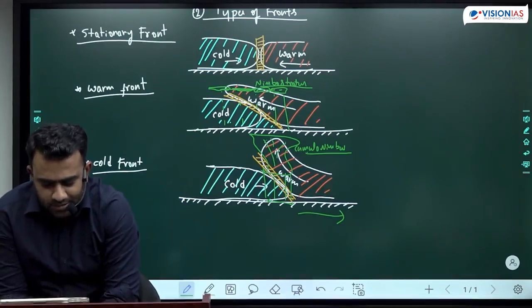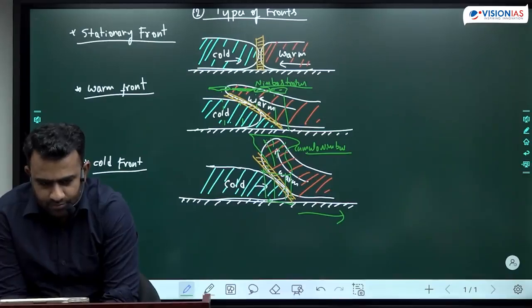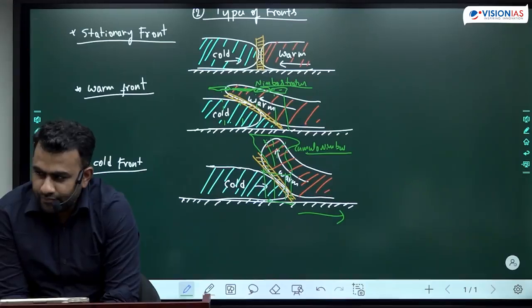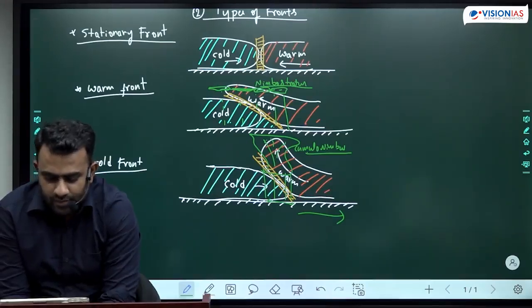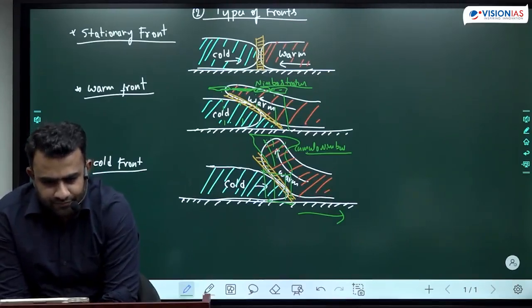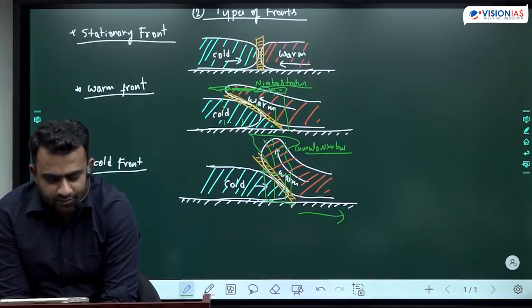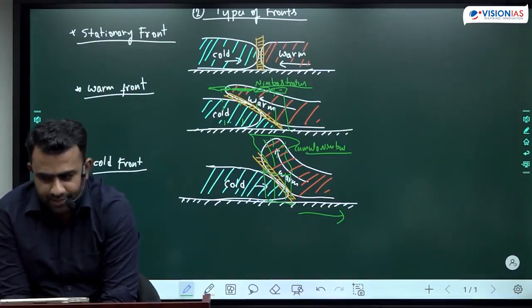Next point. It causes moderate rainfall over a larger area.